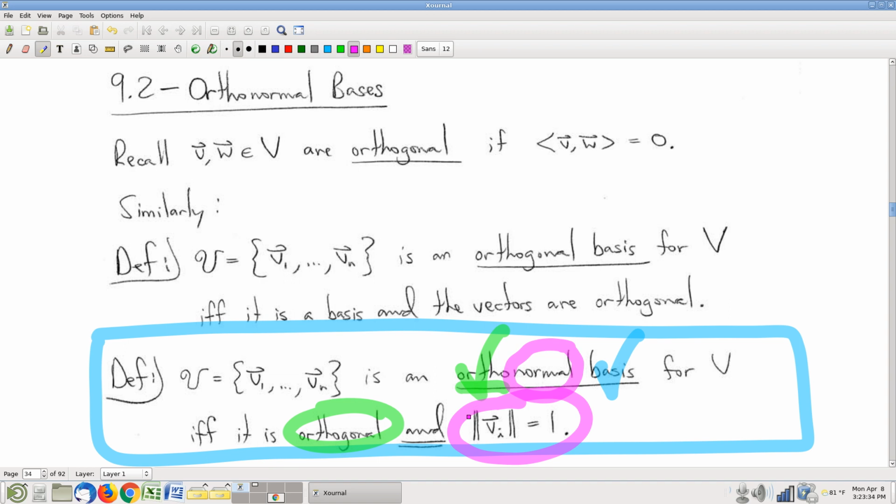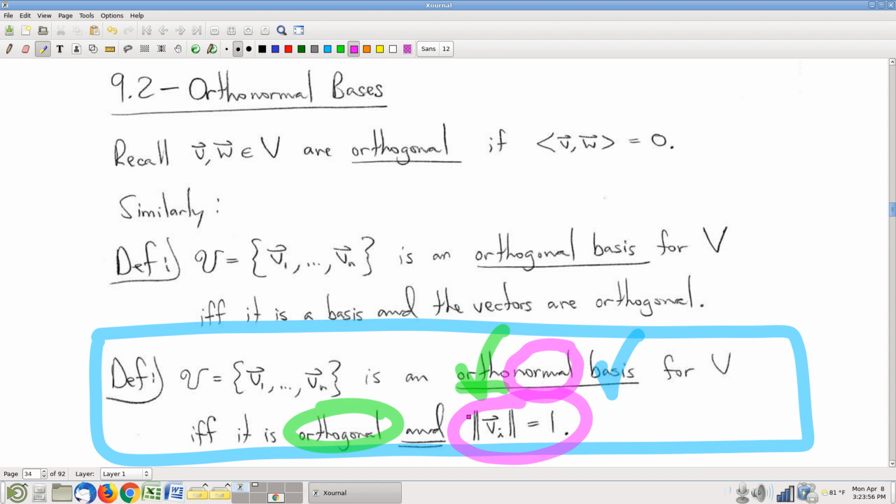Now, a quick cultural note. This word normal means lots of different things in different circumstances. Awkwardly, back in Math 212, they talked about normal vectors, and normal was a stand-in in that case for perpendicular. So awkwardly here, normal does not mean perpendicular.